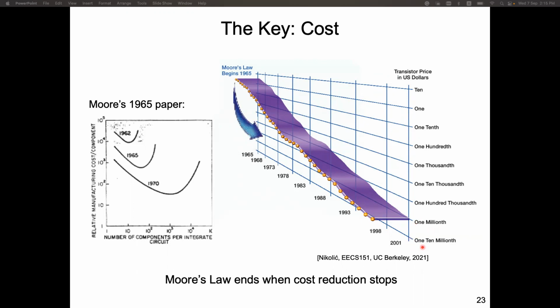So basically, in modern days, if you talk about transistor cost, it's almost free. So when you design a digital IC, say you want 10,000 more transistors, right? It almost comes free. Of course, the whole chip is not free because it contains so many transistors.